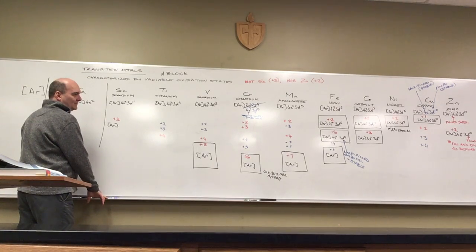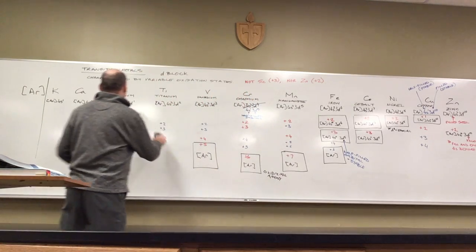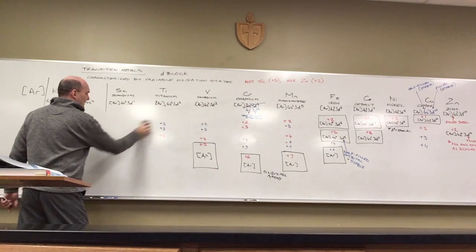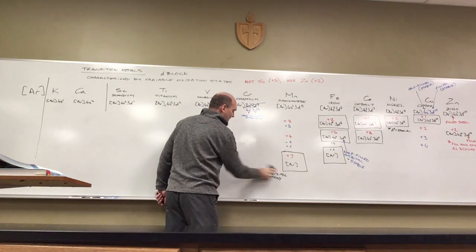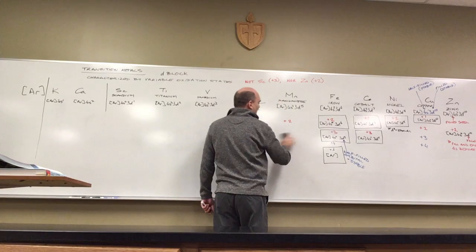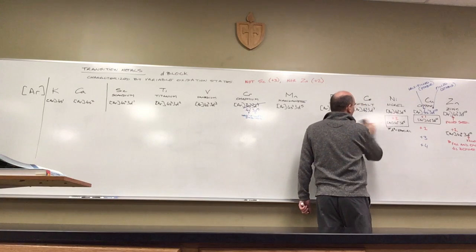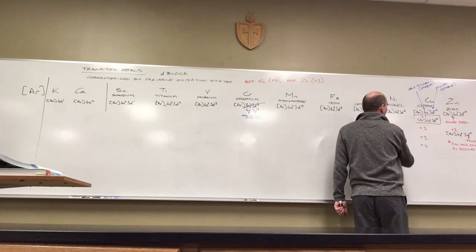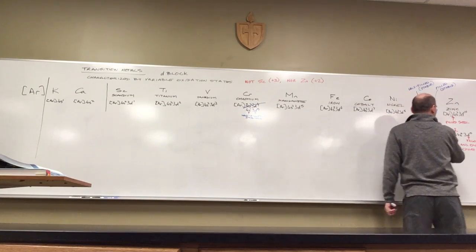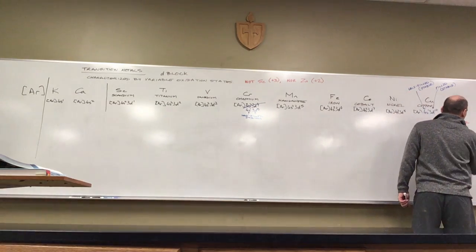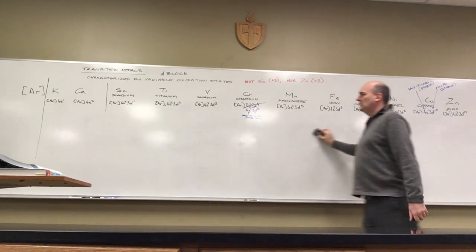I'm not sure I'm going to erase this, because I might not be done. I'm done with the electron configuration part, but I'm not done perhaps coming back and pointing, because what I have to do next is explain something that we haven't seen up to this point.